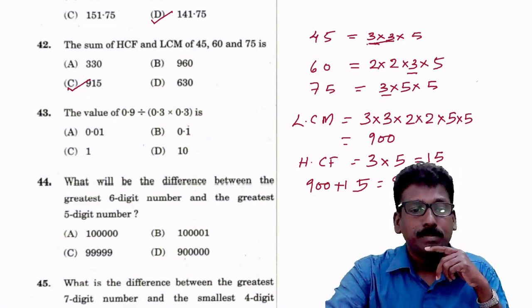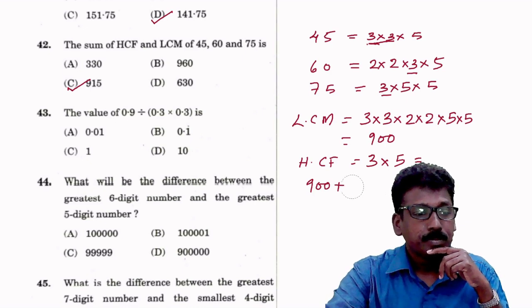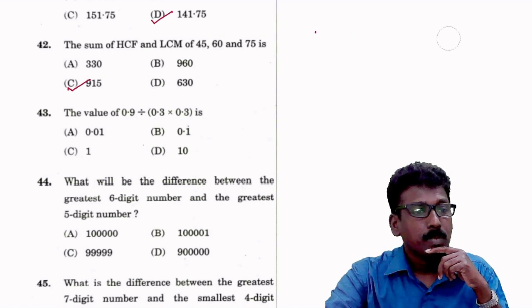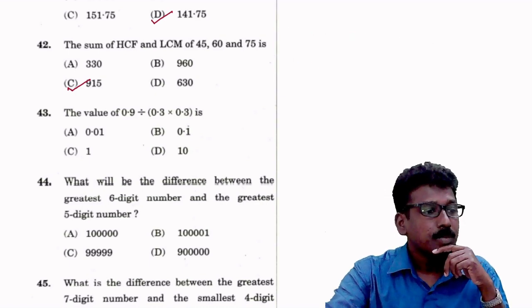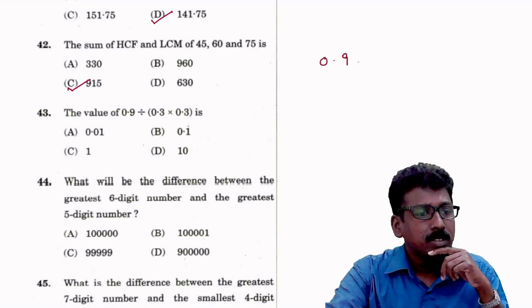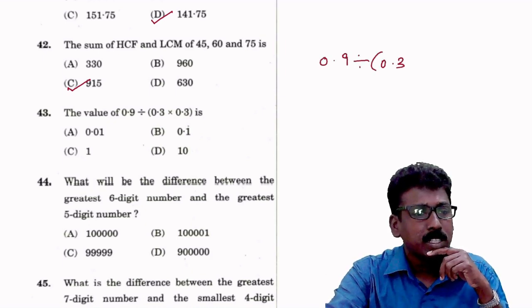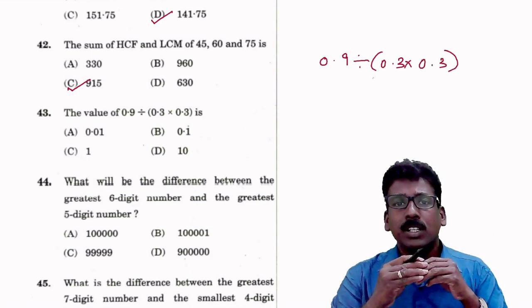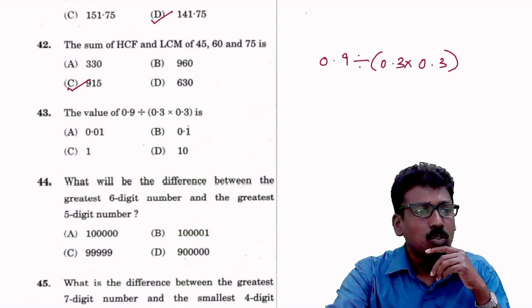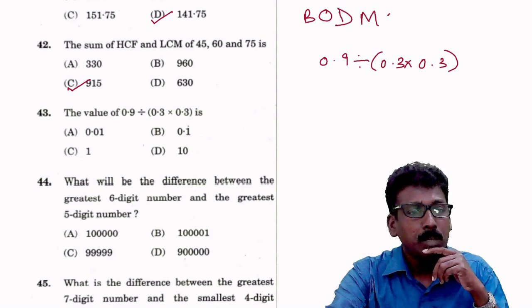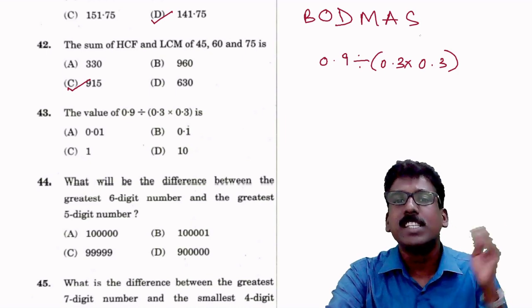Now next question. Find the value of 0.9 divided by 0.3 into 0.3. In this case you have to use BODMAS. So first bracket, then of, then division, multiplication, addition and subtraction. This is the order.